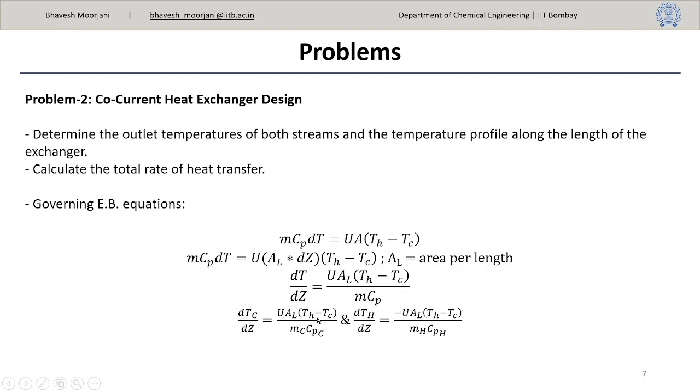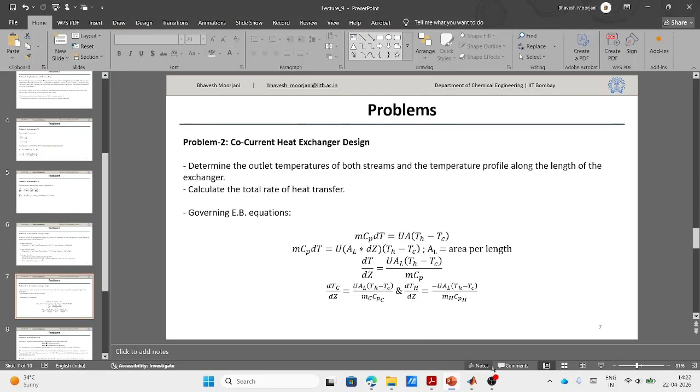If I look at the hot fluid temperature, dTH will be negative, so to account for that I have to put a negative sign: dTH by dz equals minus U AL (TH minus TC) divided by mCp for the hot fluid. So this gives you the temperature profile along the length of your tube. These are our ODEs, and we have been asked to find the temperature profile along the exchanger length and calculate the total rate of heat transfer. Okay.